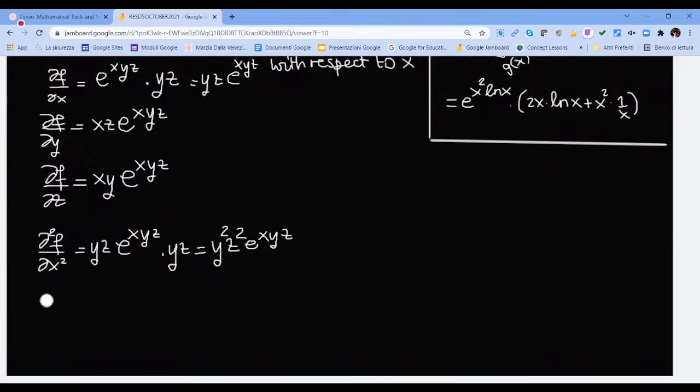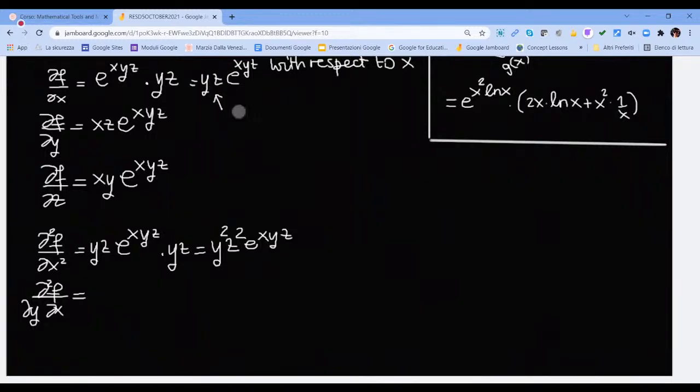Then the second derivative with respect to x and then to y will be again the first one, but this time you have to consider that we have a y in the front of the function. So you have to compute a product. z can be considered as a multiplicative constant.